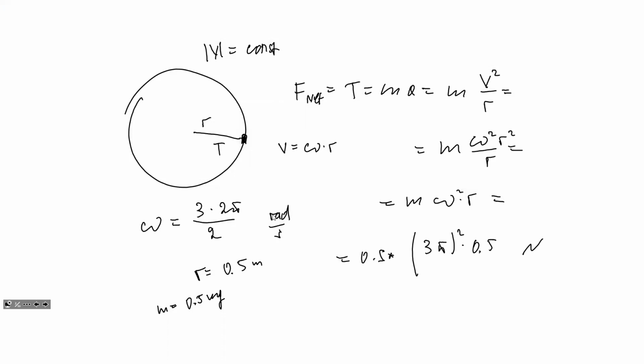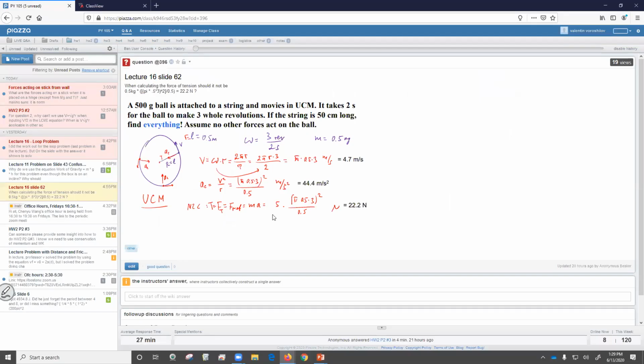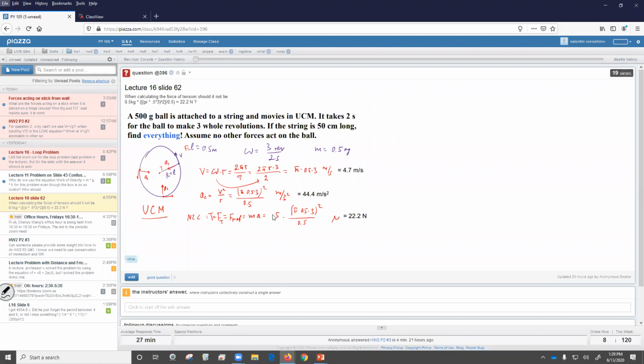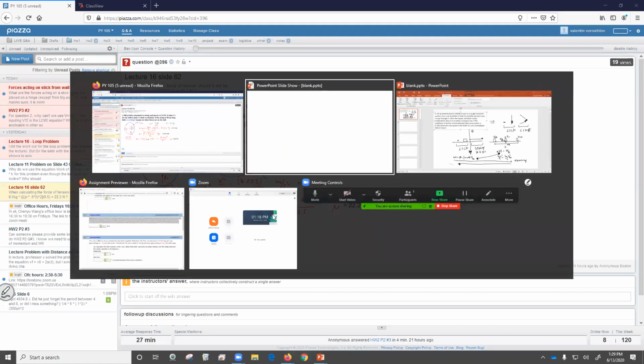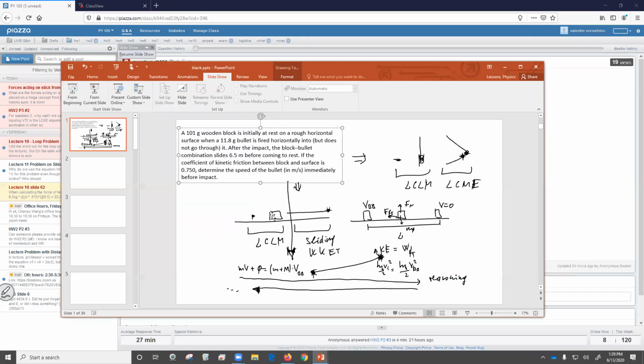Mass, and what was it? I'm not sure. Ah, 0.5 is missing for the mass, 0.5. Or maybe this dot just wasn't converted. But the rest seems correct.